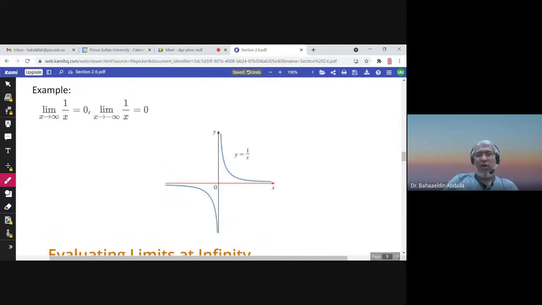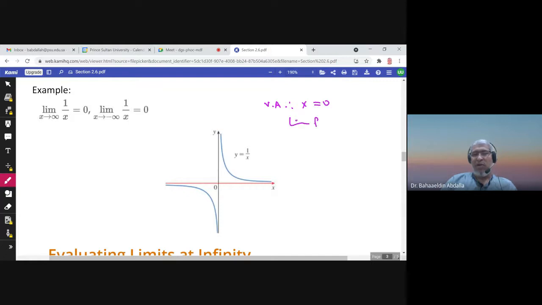Look also at the graph of 1 over x. What is the vertical asymptote? It is the line x equals 0. Why?